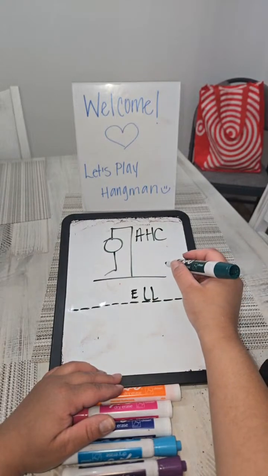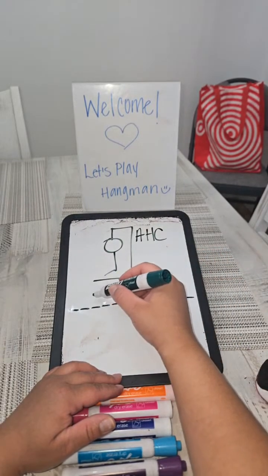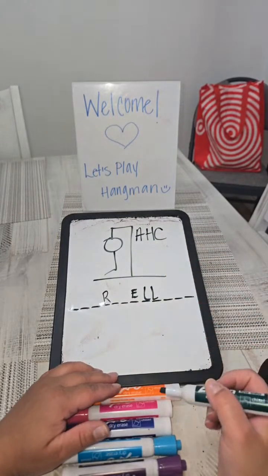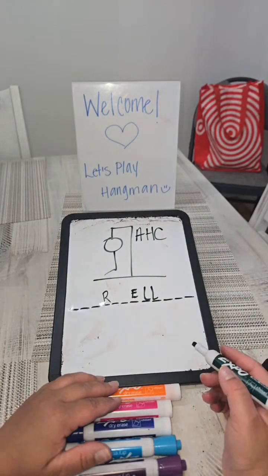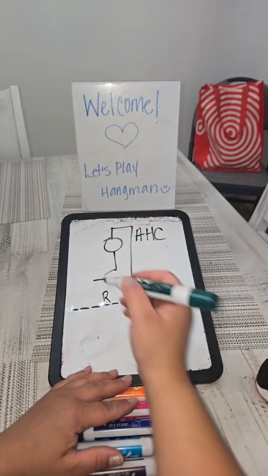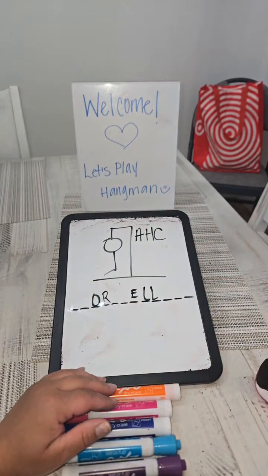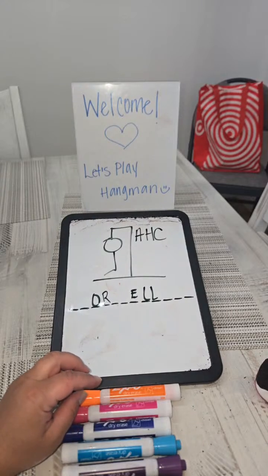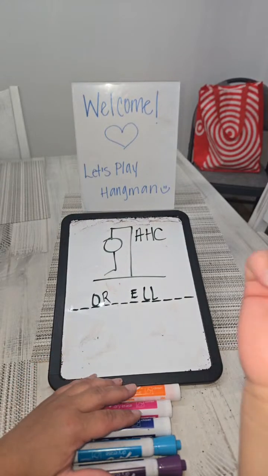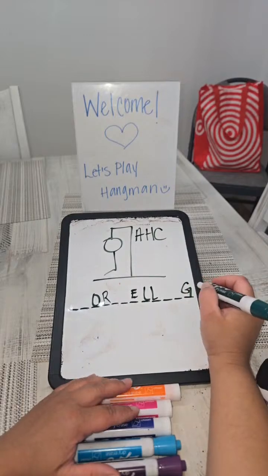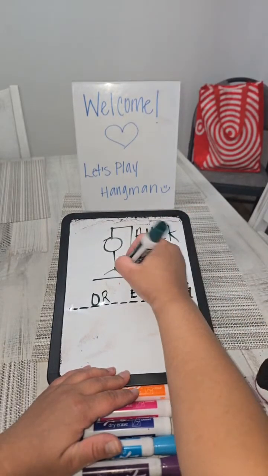L. And then R. E, O. So there's one O. The E is already there. It's not watermelon. G, K. So there's one G and there is no K.